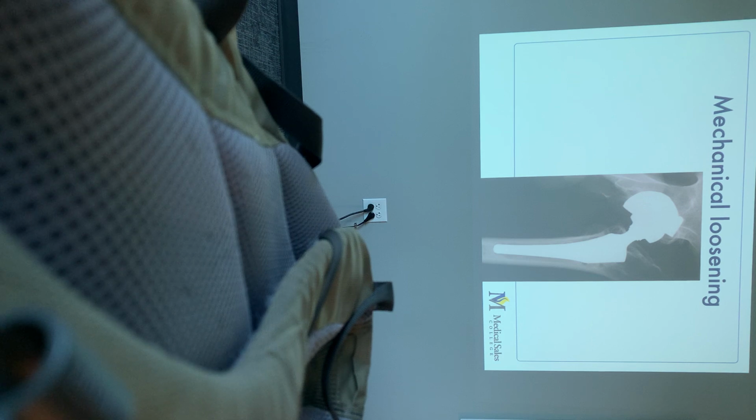Mechanical loosening, we see it in the knees, but we probably see it as much in the hips. If we don't fit these implants well, both the acetabulum and the femur, then it's difficult for the bone to grow into a moving target. And if you don't get bony ingrowth, but you get scar instead, or you've got such a thin amount of bone on certain parts of the implant, they're going to loosen.